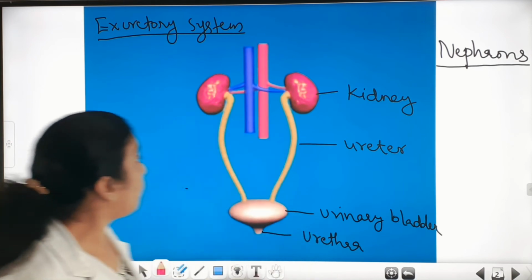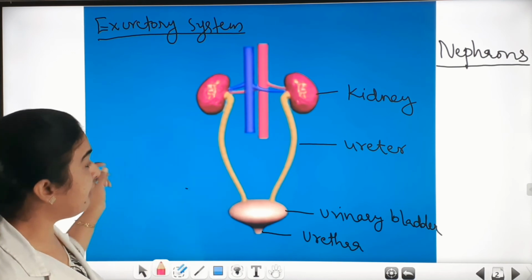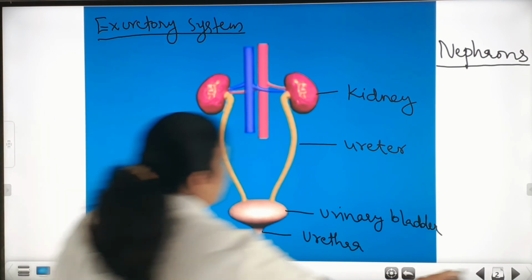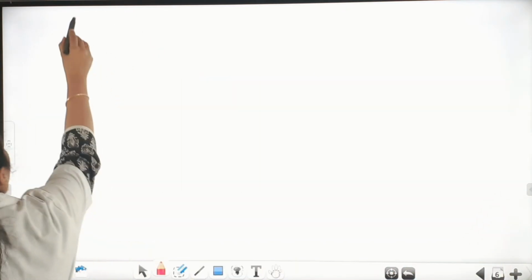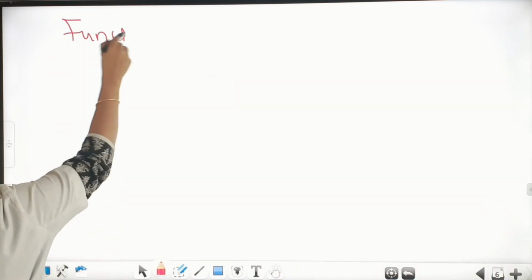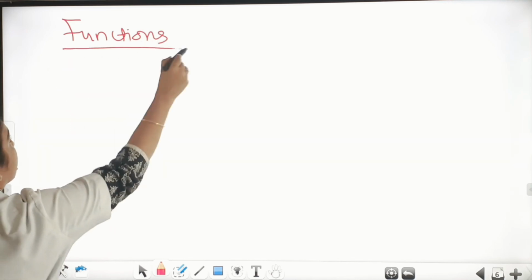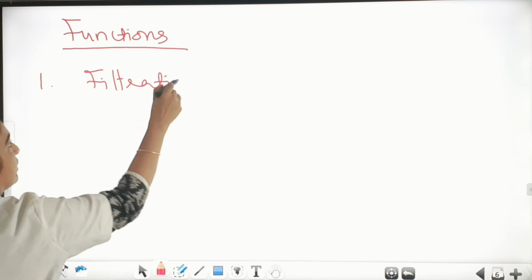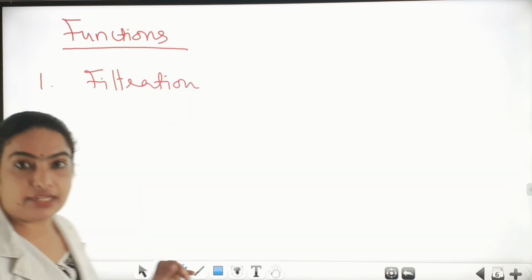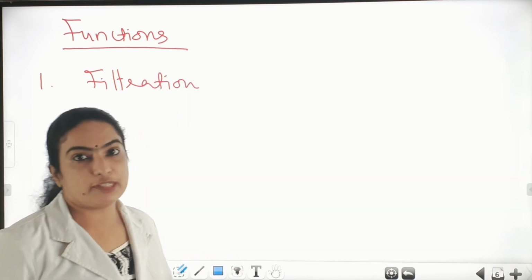And we can see what are the functions of this nephron then. What are the functions of nephron? So the functions of nephrons are, first one, filtration. So it filters the blood to remove the waste materials.